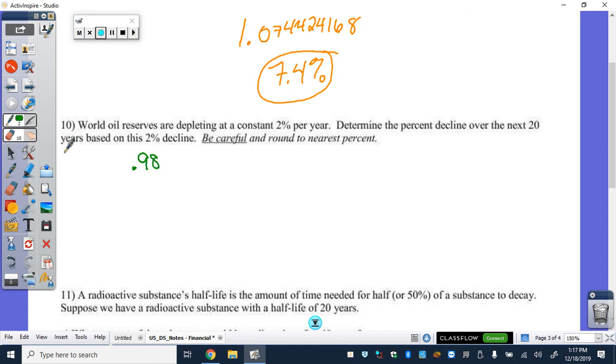Remember, you would do 1 minus your rate because it's a decay. So 1 minus the 0.02 would give us the 0.98. That's going to continue for 20 years. So 0.98 to the 20th power.